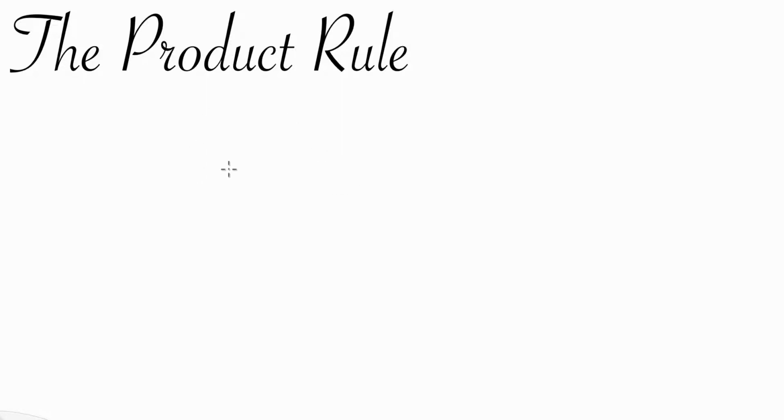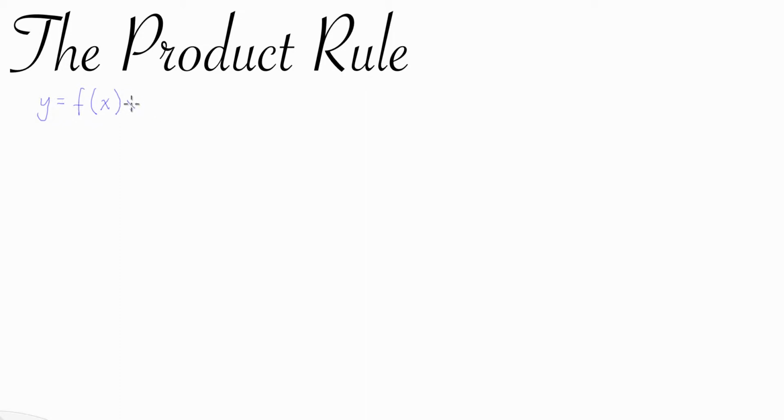Hi guys, in this video I'm going to attempt to describe what the product rule is and its uses. So basically the product rule is a tool that we use for differentiating functions that are made up of two smaller functions. What I mean by that is if we have a function y in terms of x, it's made up of two functions which are multiplied together.